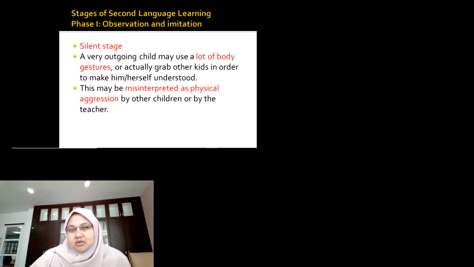This kind of personality may use a lot of body gestures. They move a lot, and they actually grab other kids in order to make themselves understood. That is the effort they make to ensure that everybody understands them.